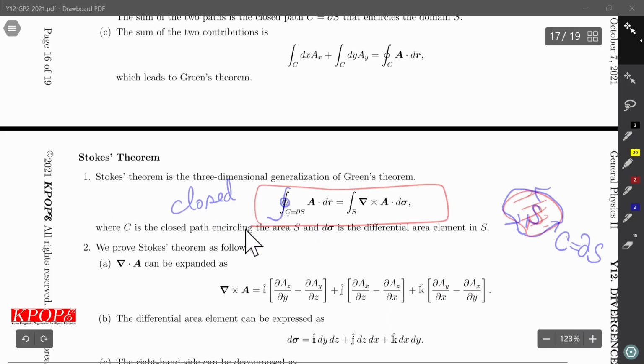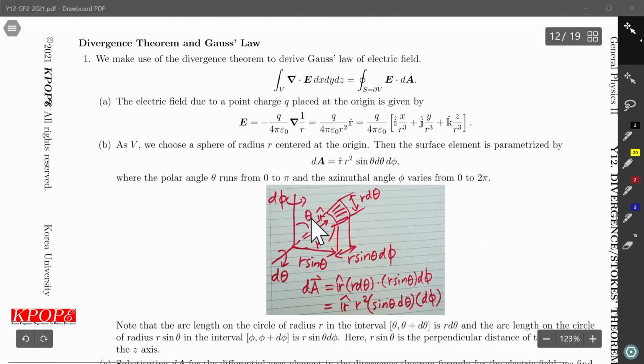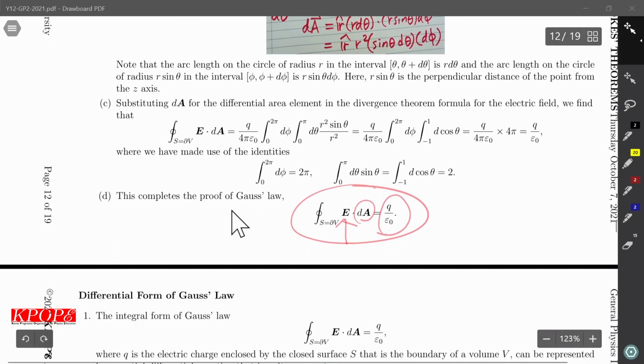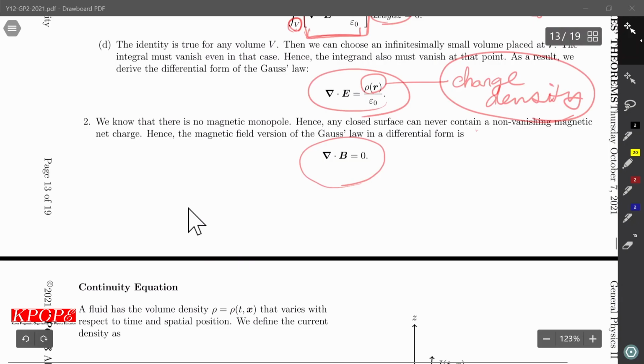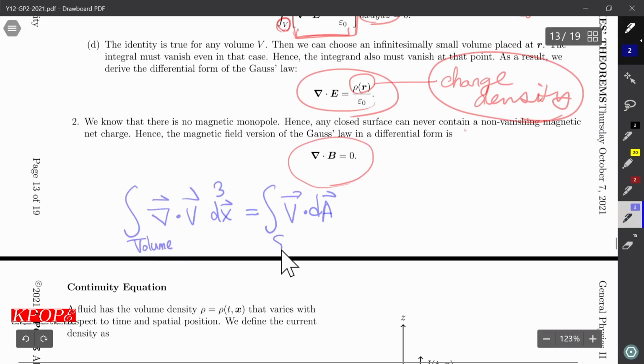One is the divergence theorem and the other is Stokes' theorem. The divergence theorem is especially for the calculation of the electric field, but for any vector, the divergence of any vector over the volume is the vector's surface integral over the surface, and this surface is closed, and that surface is the boundary of the volume.